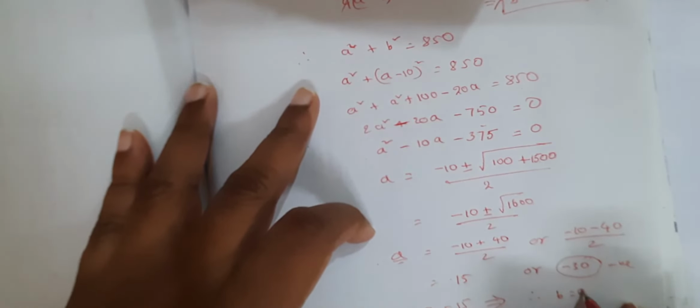So, therefore, B is equal to A minus 10, which is equal to 15 minus 10 is 5. So, we got the sides of the squares as 15 meters and 5 meters. This is your answer. Okay, pause the video for a moment and then note it down.